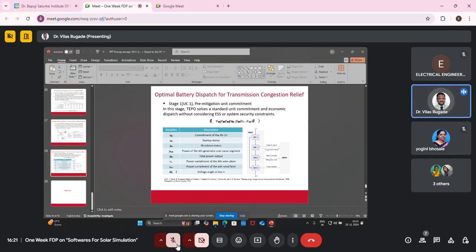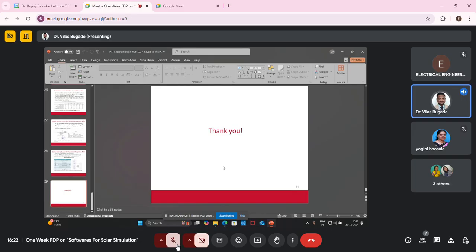Some variables need to be considered, and we need to form the equations in terms of parameters: commitment, start status, power generator cost curve, total output power, power curtailment of the solar plant, and voltage angle at the bus. So this is about the energy storage system.